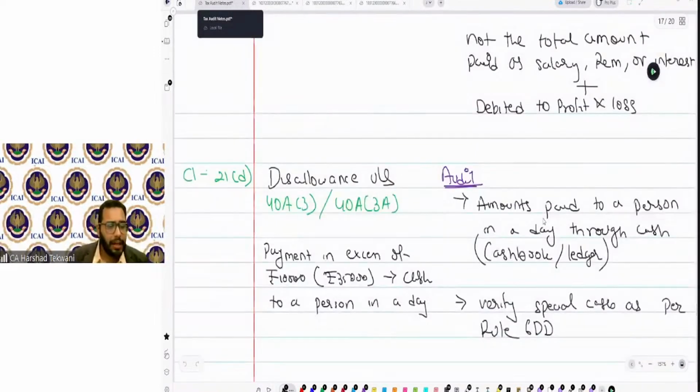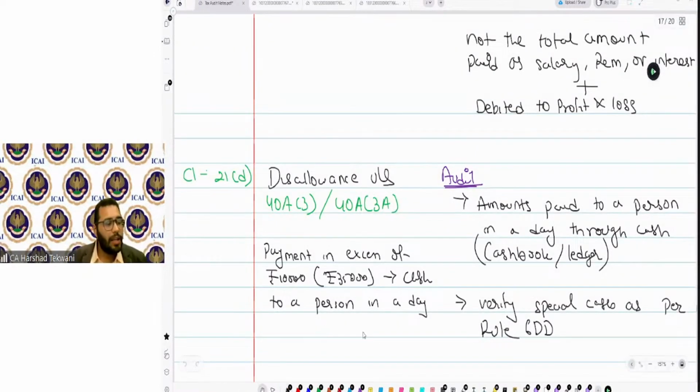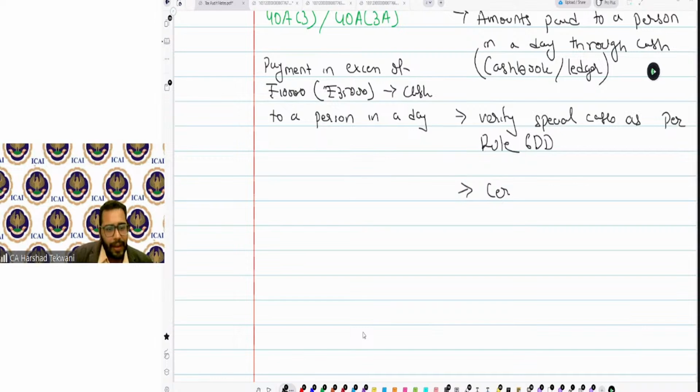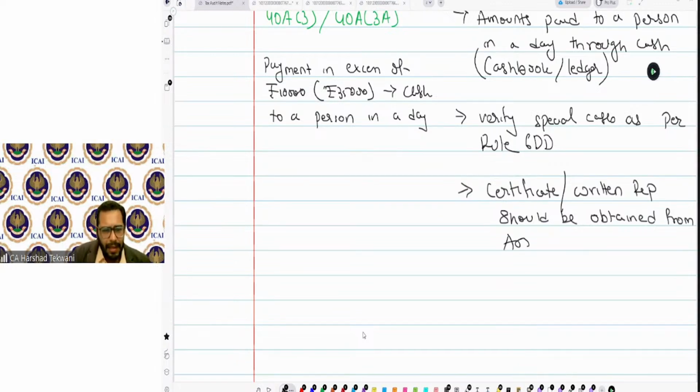Considering the nature and the volume of the transactions, it is not possible for the tax auditor to verify whether all such payments are being made through account payee cheque or not. So, a certificate or written representation should be obtained from the assessee.